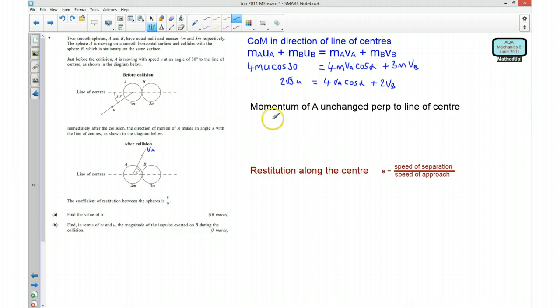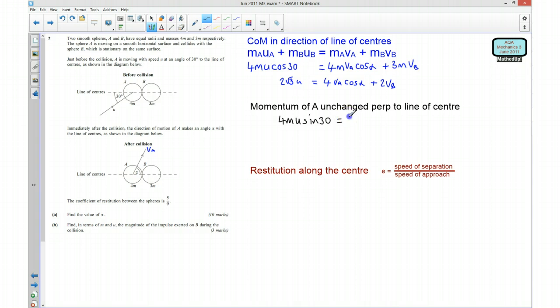So the momentum of A before the impact will be the mass, which is 4m, times its velocity before in this direction, which is going to be u sine 30, and that's going to be equal to the momentum of A after impact.